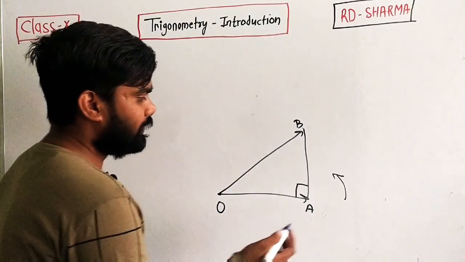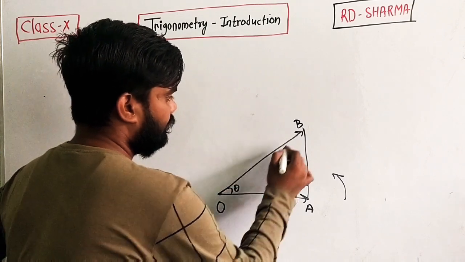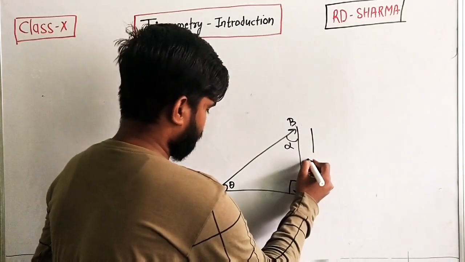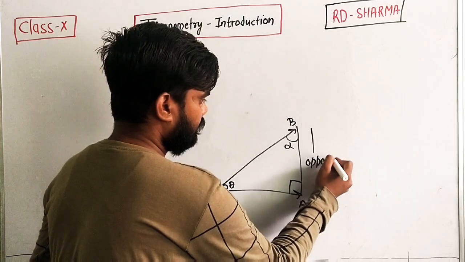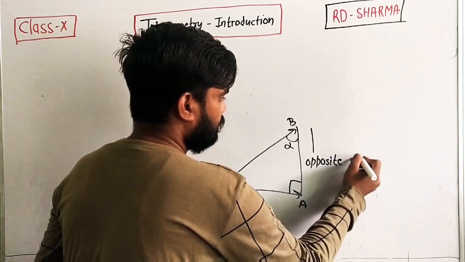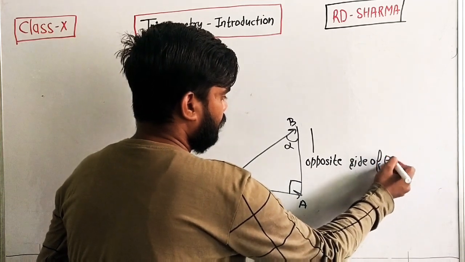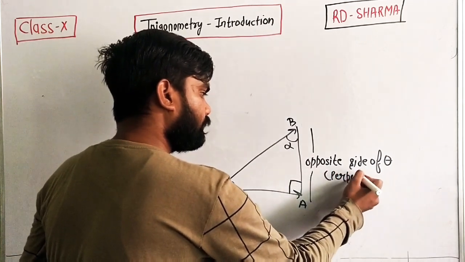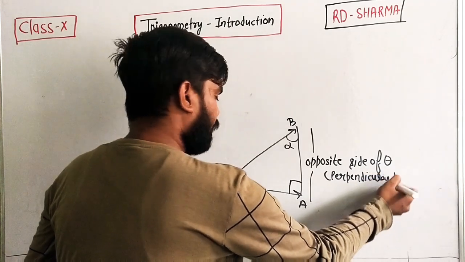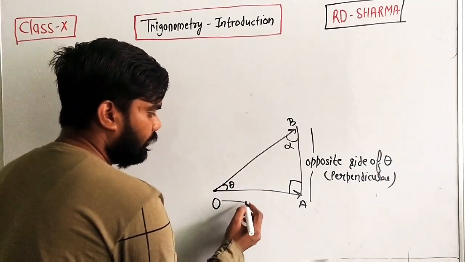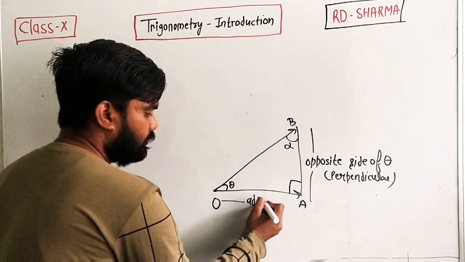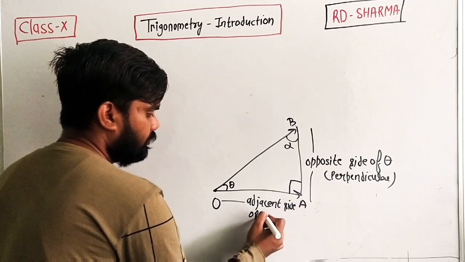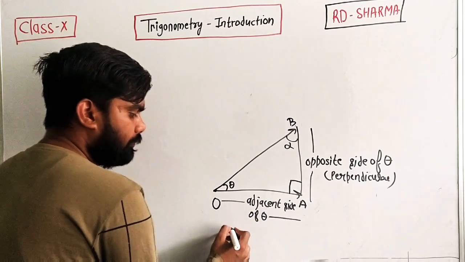Suppose that this is angle theta and this is angle alpha. So this is the opposite side of theta. As you know, we call it the perpendicular also. And this is the adjacent side of theta, and we call it the base.